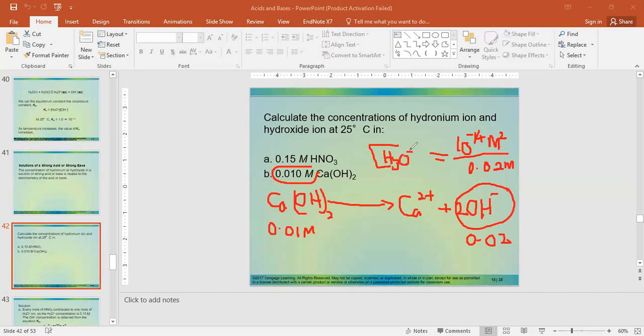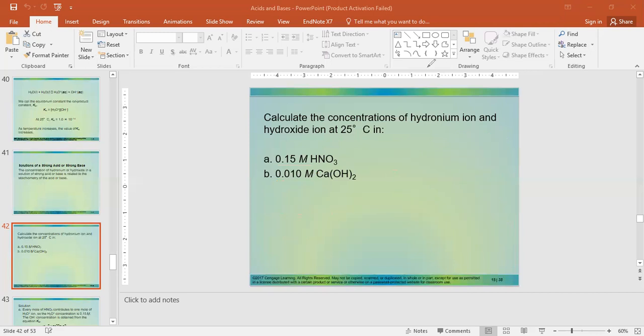Any question on this? So are we leaving it like that, or we divide and write the final answer? You write the final answer. Because what we need is the final answer. Okay, thank you.